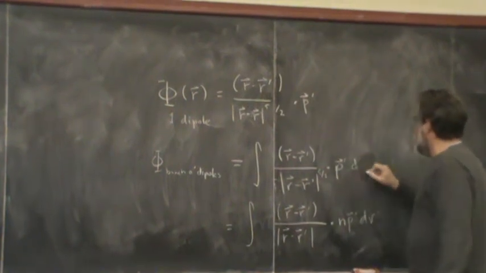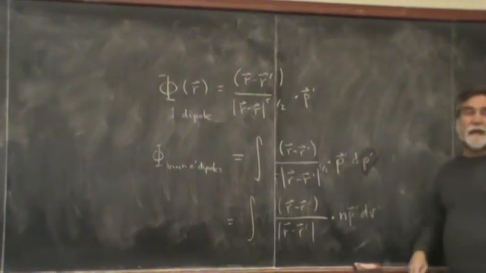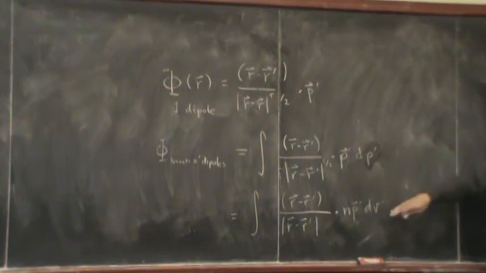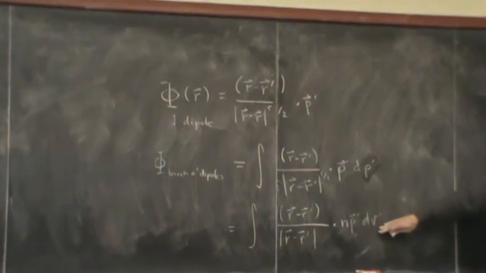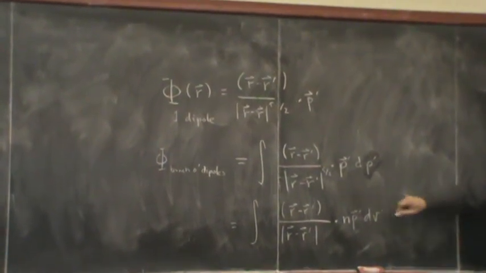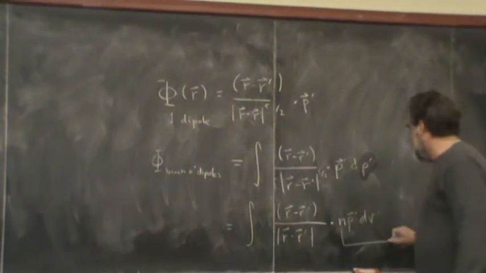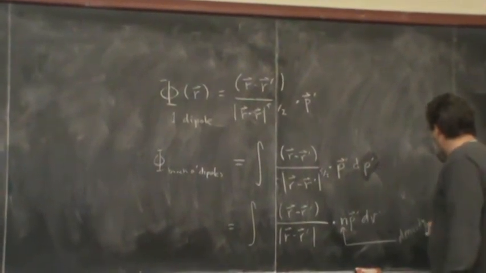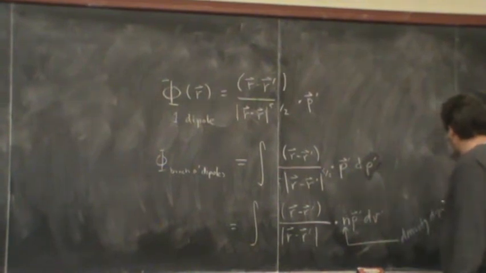And over here, this should have been a sum over all of the dipoles. This is an integral over the dipoles. I changed it here to an integral over volume, where this thing here is the density of dipoles.